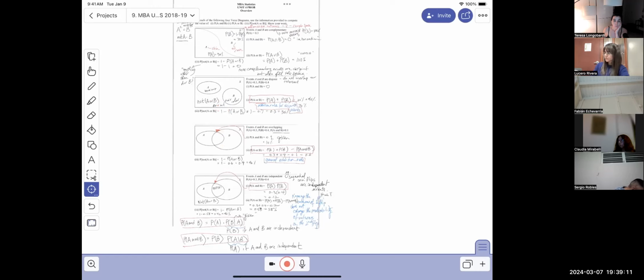They could be overlapping. In the case that they're overlapping, I don't necessarily know this intersection piece. I would have to calculate it.